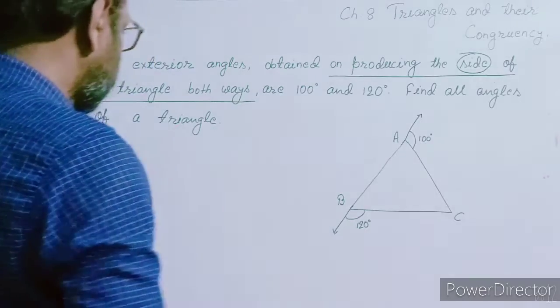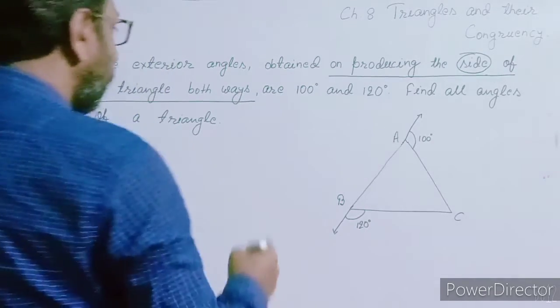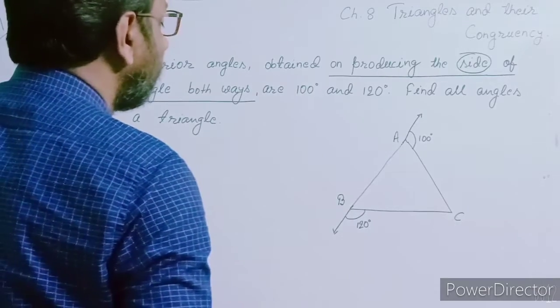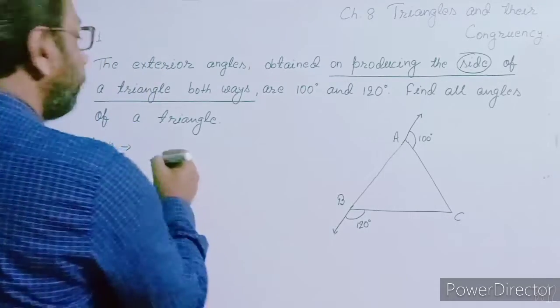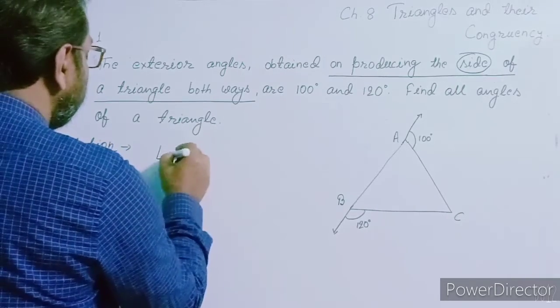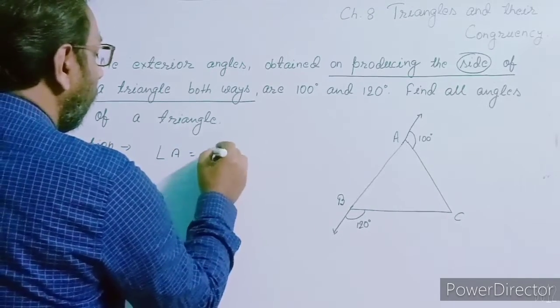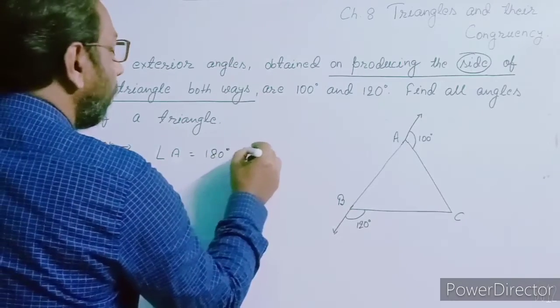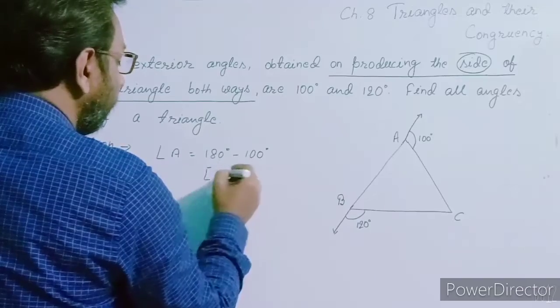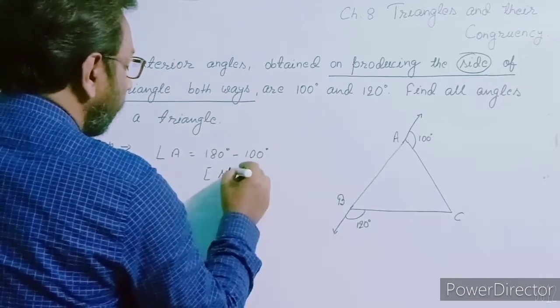In this, we are asked to find out the angles of the triangle. For that, we write angle A equal to 180 degree minus 100 degree. The reason I am writing here is straight angle.